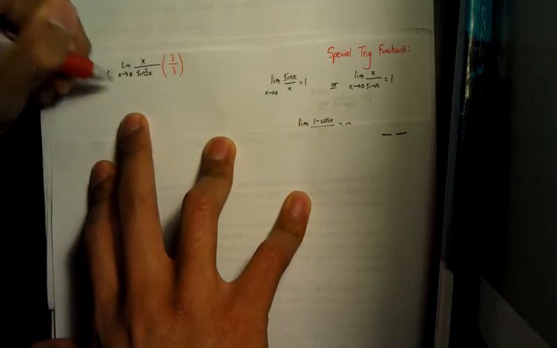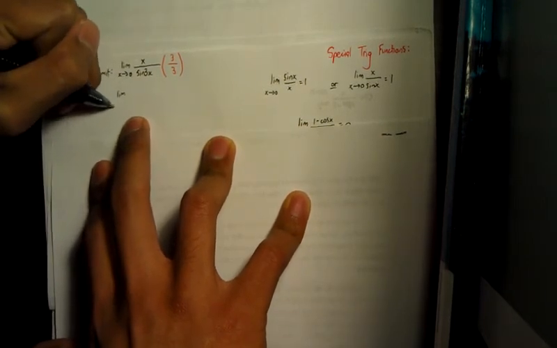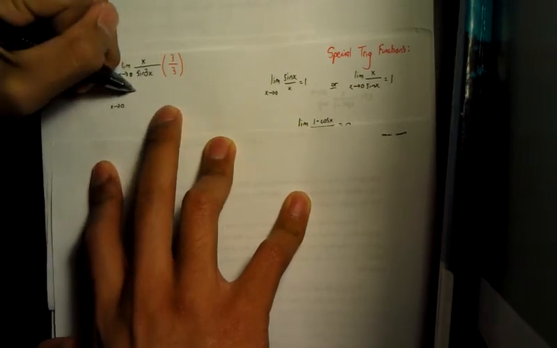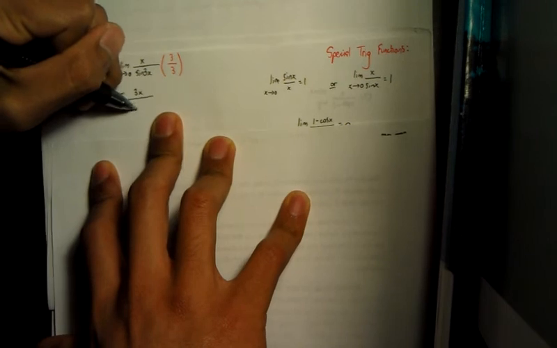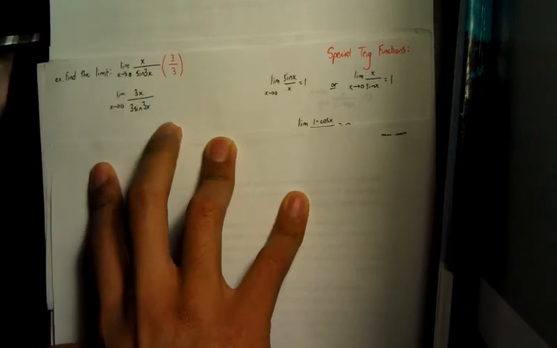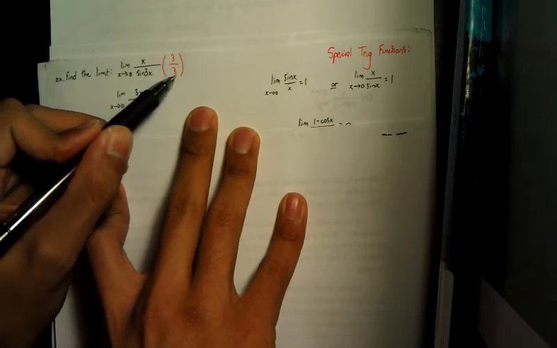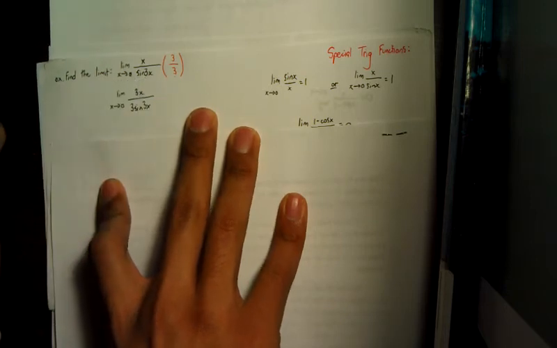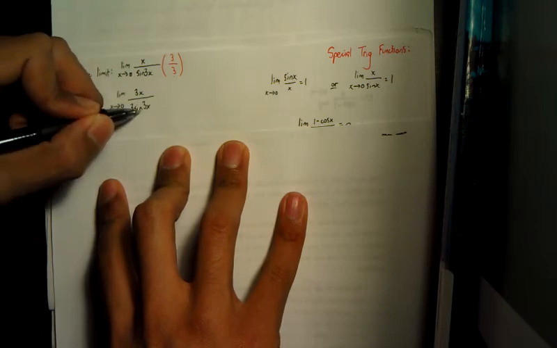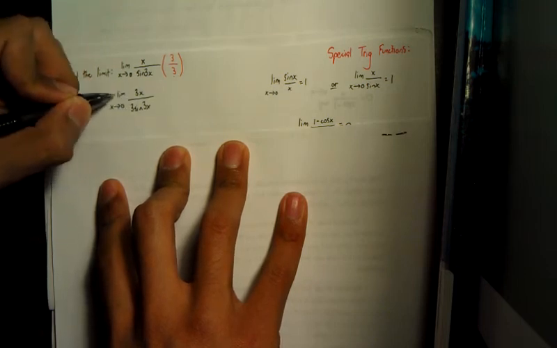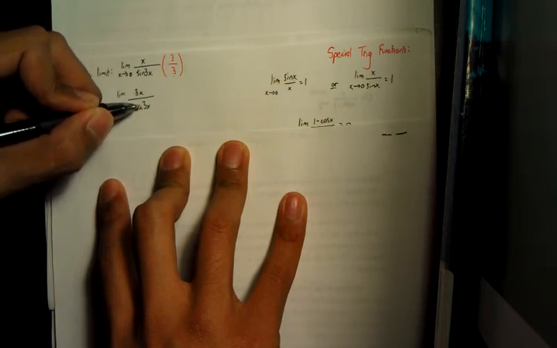That gives you the limit as x approaches 0 of 3x all over 3 sine of 3x, because this doesn't multiply with the angle. This comes out in front of the sine. Once you do that, you can see that you have this limit of 3x over sine of 3x.